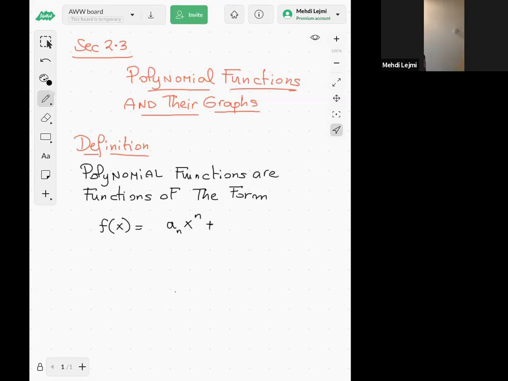After that, we have x to the power n minus 1. For example, if n is 5, then n minus 1 would be 4.